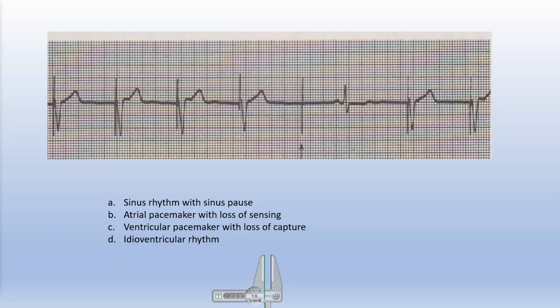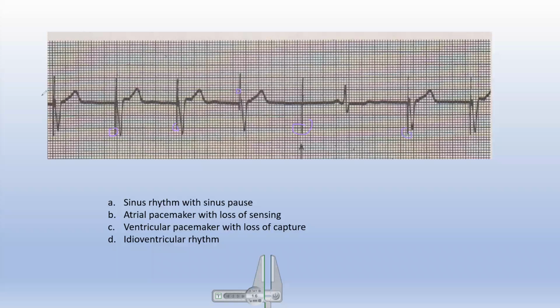All right, one of the most significant findings that we see in this particular strip is the presence of spikes. And this is an example of a spike that we see. These are the spikes. This is a spike right here, and a spike, and so on. Okay.